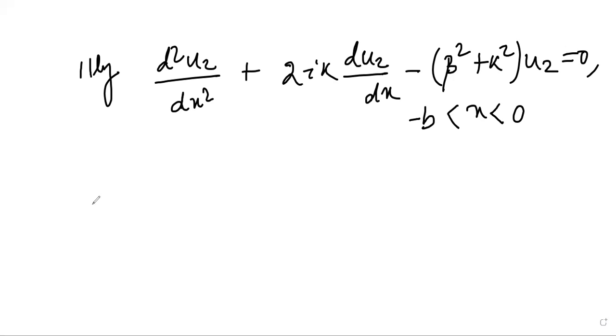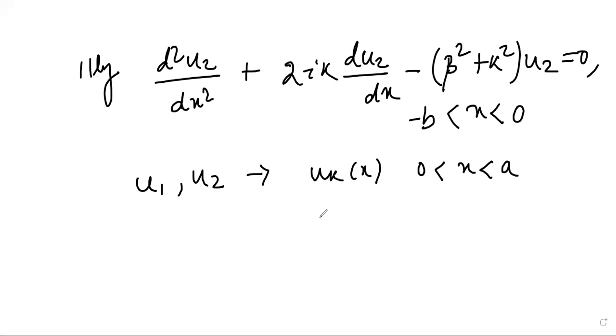So u1 and u2 are the values of uk(x) in the different intervals we have considered. U1 we considered when x lies between 0 and a, and when x lies between 0 and minus b, we considered the Bloch function to be u2.